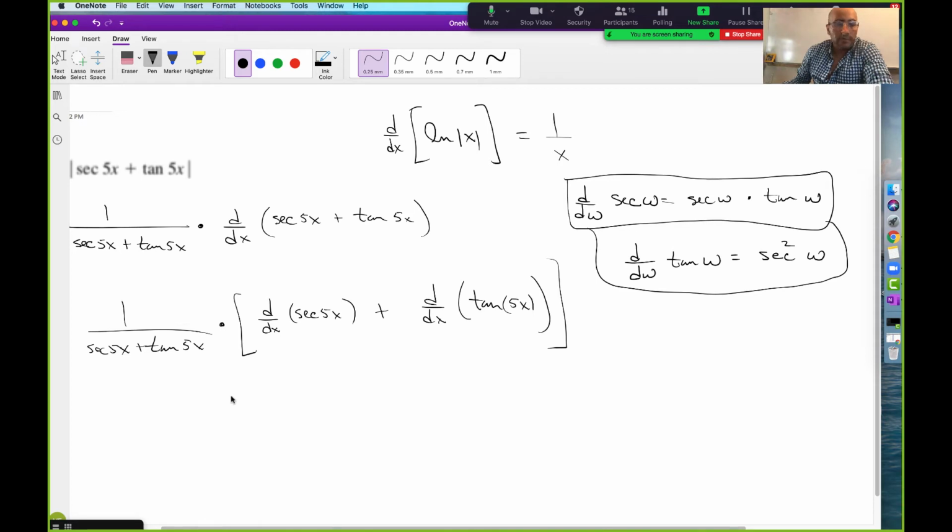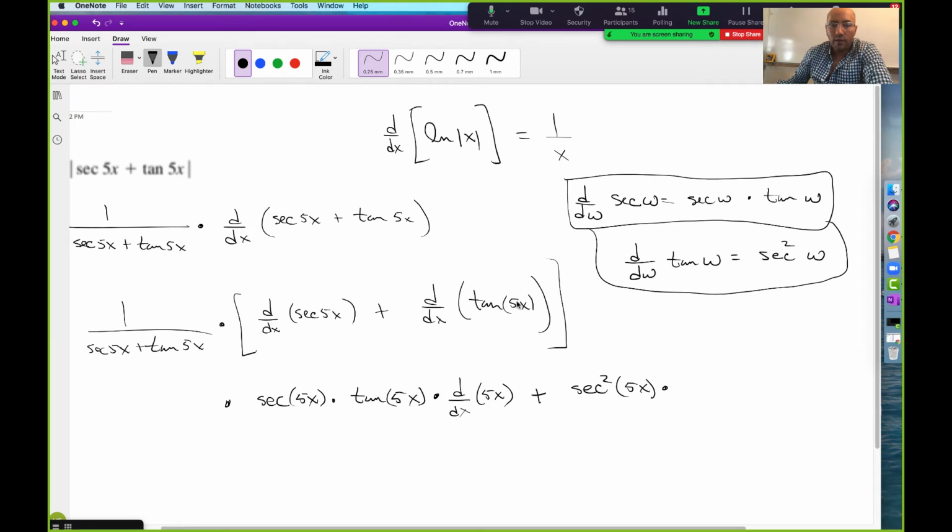So the derivative of this is going to be equal to secant of 5x times tangent of 5x. But because I didn't have a single variable here that matched with the derivative, I have to use the chain rule to multiply it times the derivative of the 5x. Plus, the derivative of tangent is going to be equal to secant squared of the 5x.